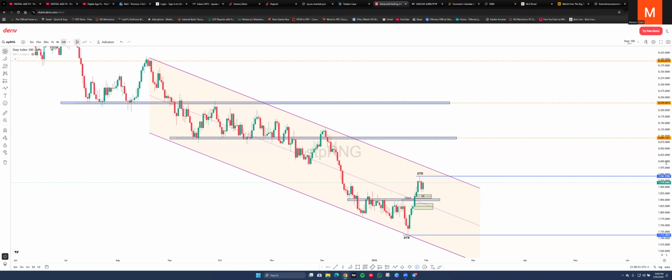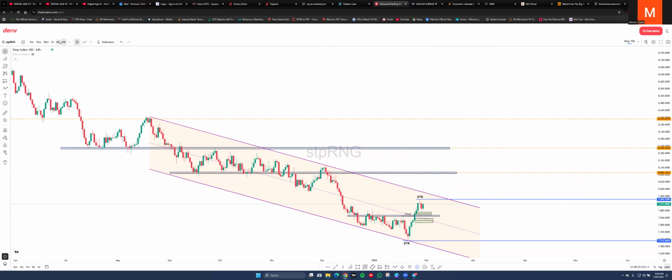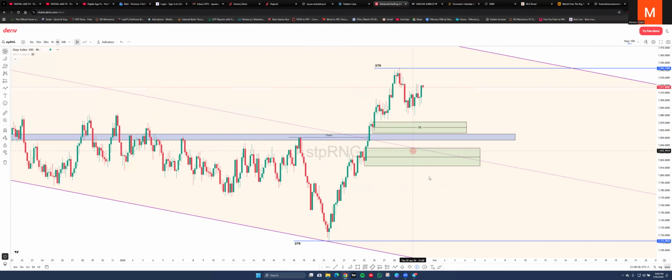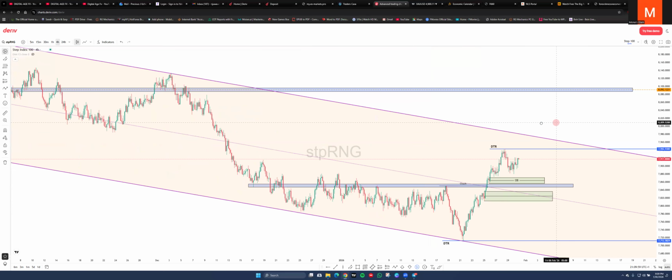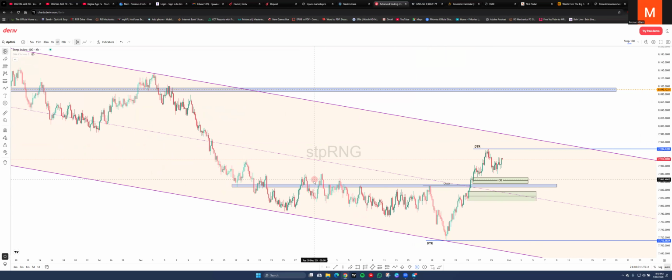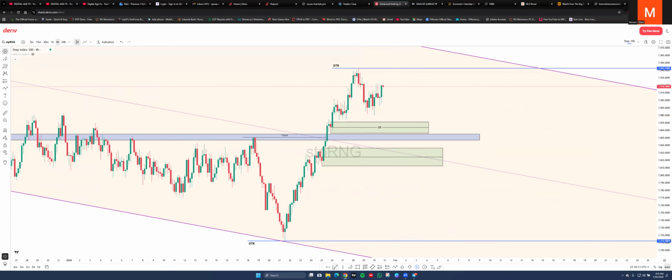So let's see 4 hours. We're in the range at the moment. If you look at 4 hours, this was the zone area that I was trading. So what you're seeing here now could be a form of liquidity.